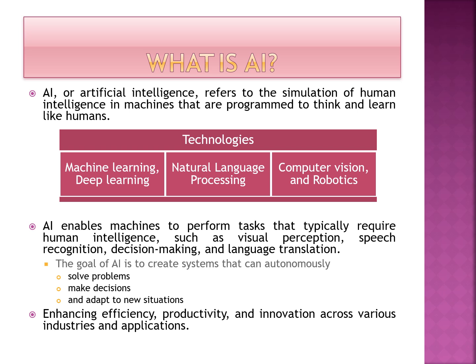And another field is computer vision, extracting useful insights from images, videos, and other data. Robotics is another technology to build a machine or a robot that thinks and behaves like a human being. So these are the technologies involved in AI-based system development.